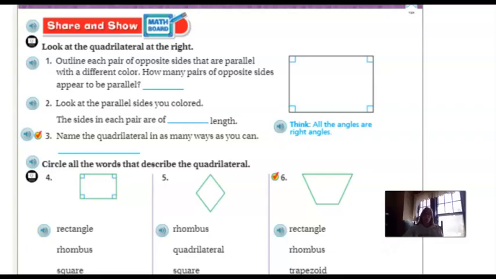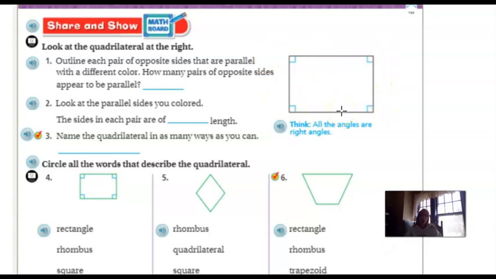All right, so we are back and we are going to look at the quadrilaterals at the right. Hopefully everyone is on page 724. If you look at the right here, you can see that you have four angles that are right angles, and you see four parallel sides.